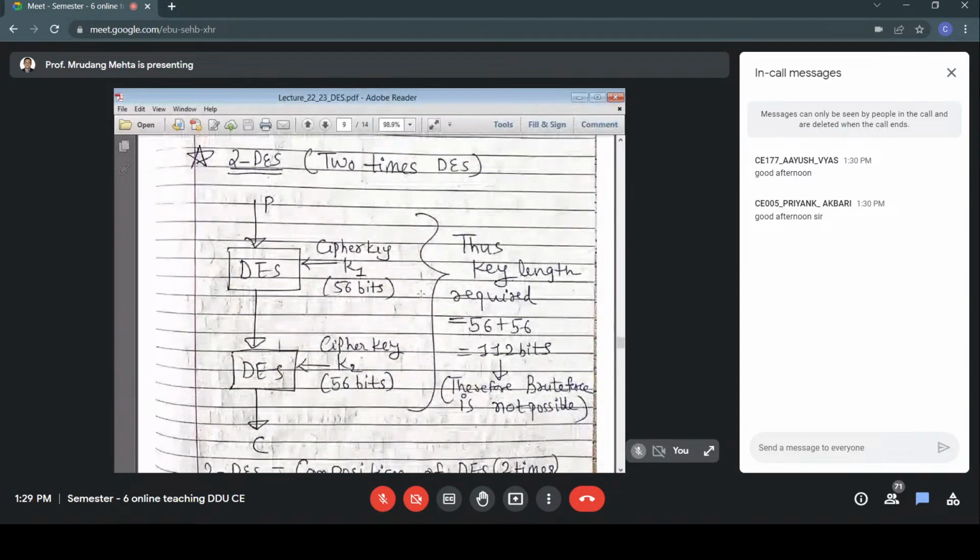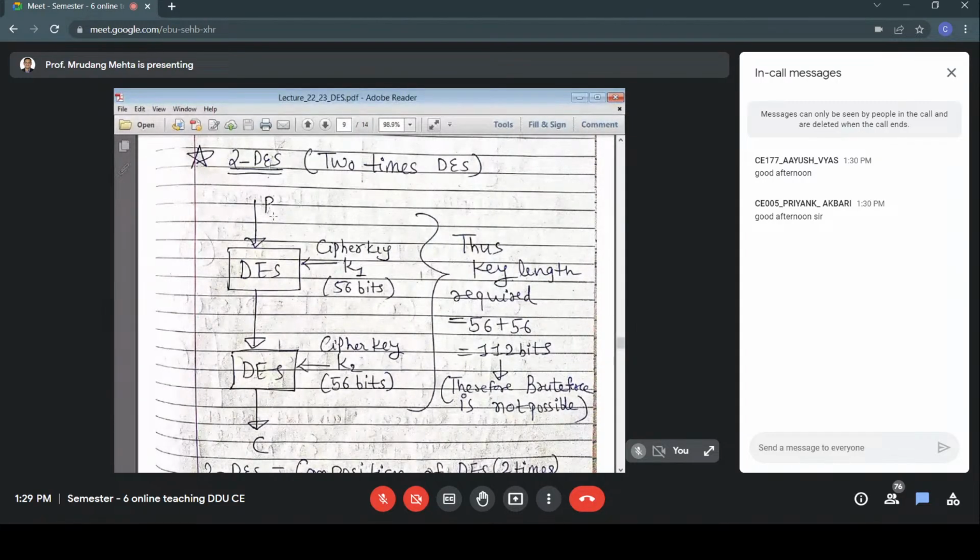Now, there are variations. One DES structure was discussed earlier and that we follow. So in this diagram, when you are seeing DES, that is one structure. Okay. So 2DES is applying DES 2 times before we get ciphertext, with 2 different keys.